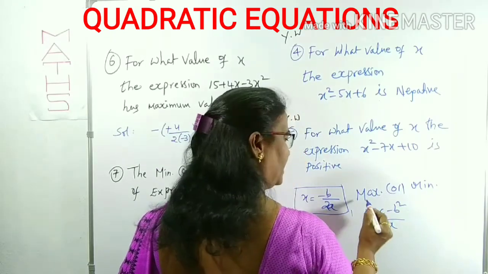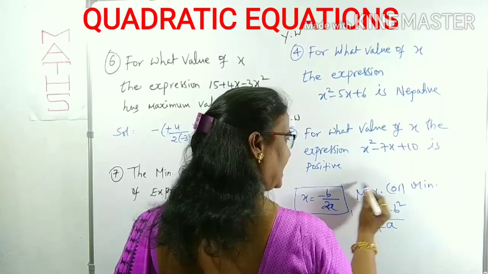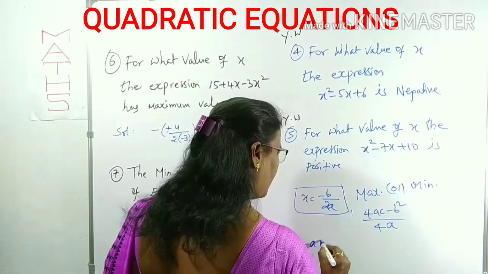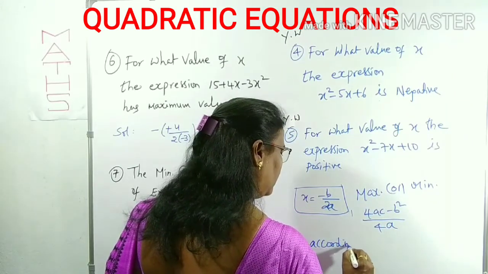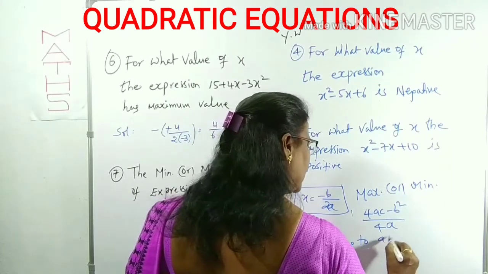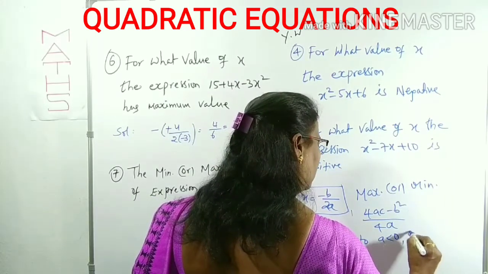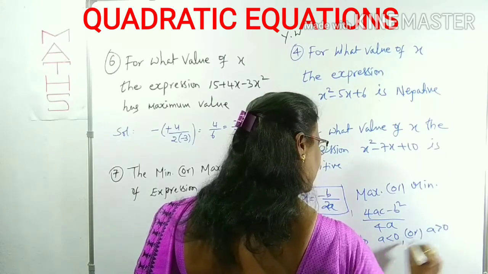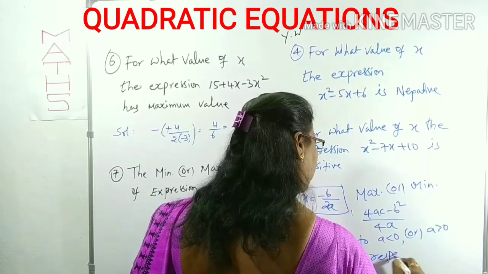According to a less than 0 or a greater than 0, it has a maximum or minimum value respectively. You have to remember this step.